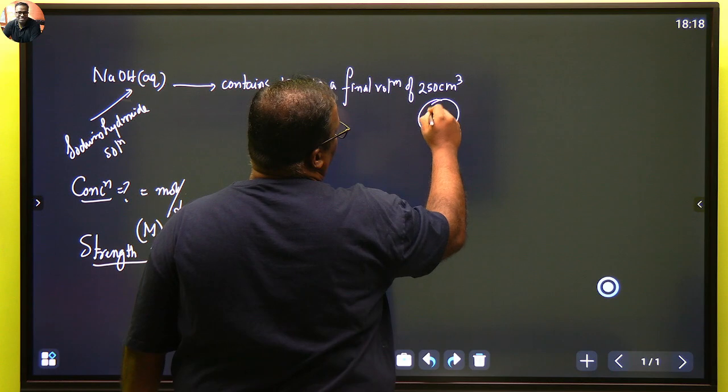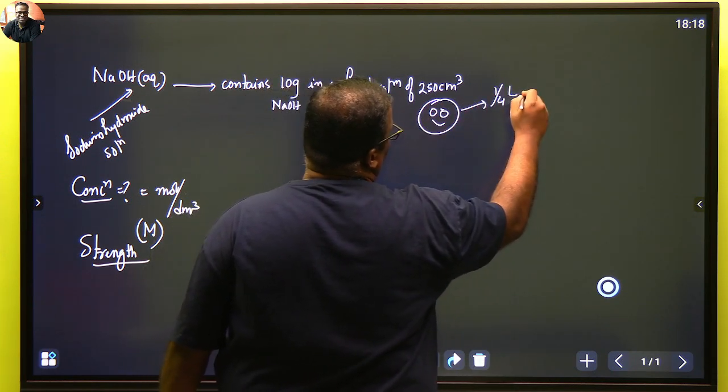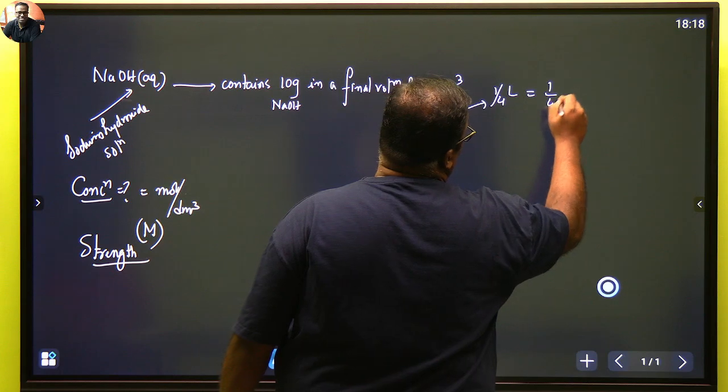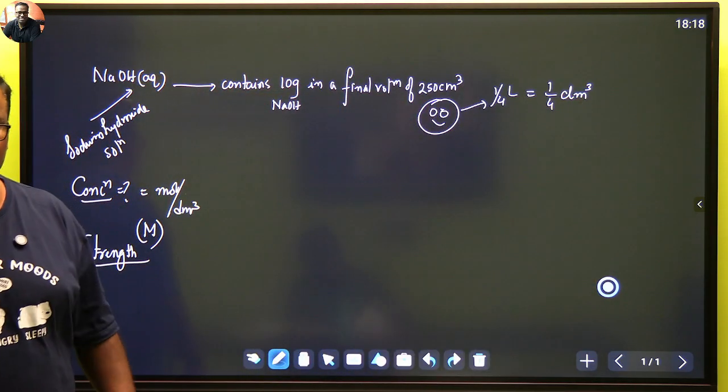Children, looking at 250, your eyes should light up as 1/4 liter or 1/4 dm cube. Understood?